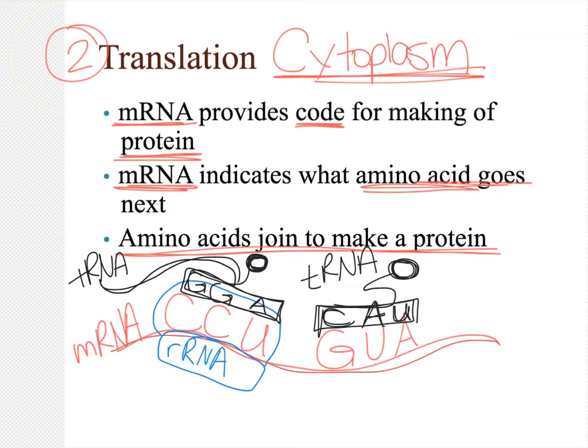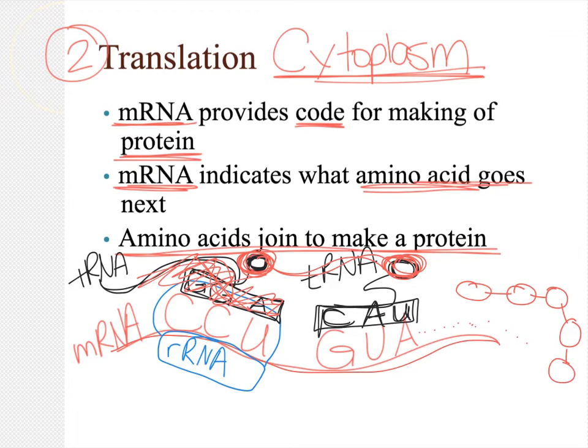And then this amino acid from the one over here connects to this one. And then this tRNA can leave. So this tRNA leaves and goes and grabs another amino acid because this one is now connected to this one. And the whole thing continues all the way down the line until you get a whole bunch of amino acids connected to each other. And all those amino acids connected to each other make a protein.